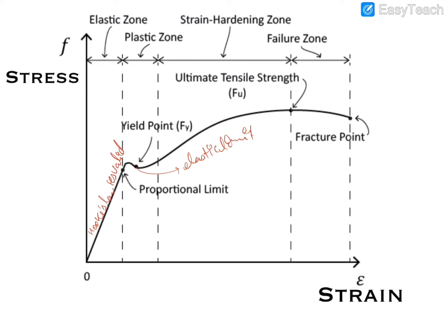Now this is the yield point, and this point represents the fact that beyond this point, the solid body behaves like a fluid, which means that it starts to flow. Now what does that mean? You must have seen a video in which glass is molded at high temperature.